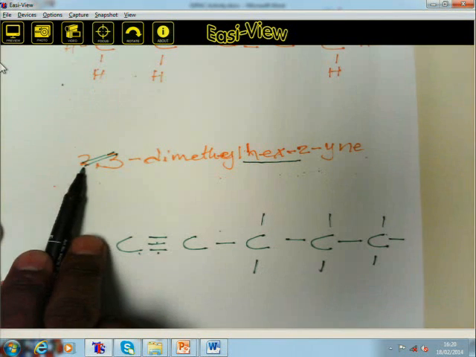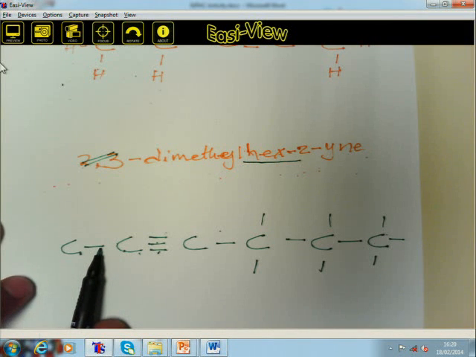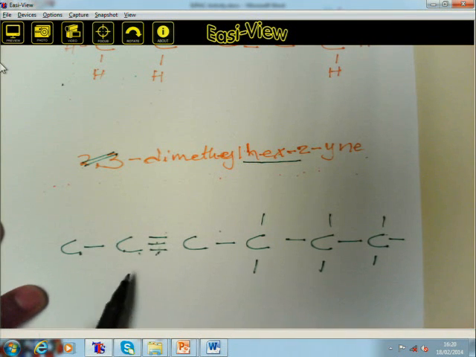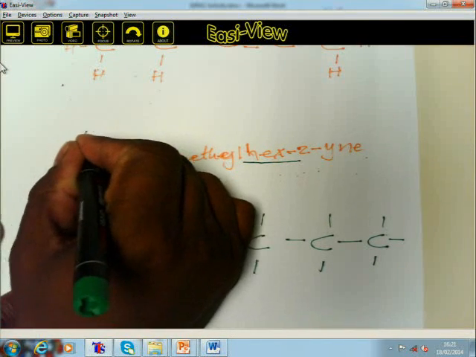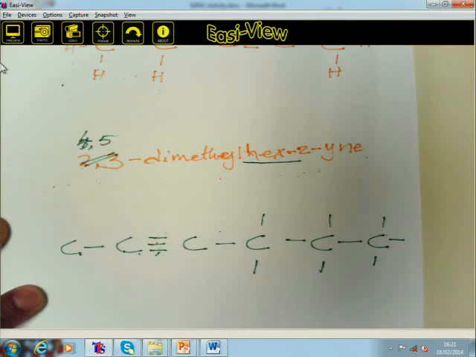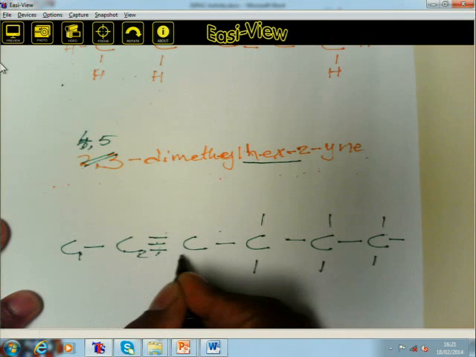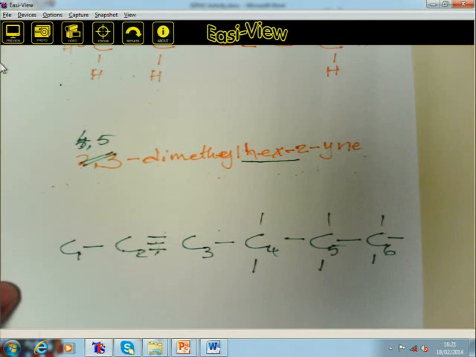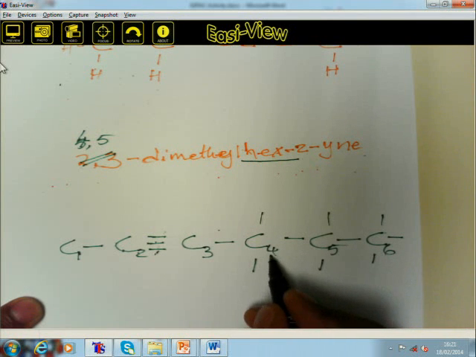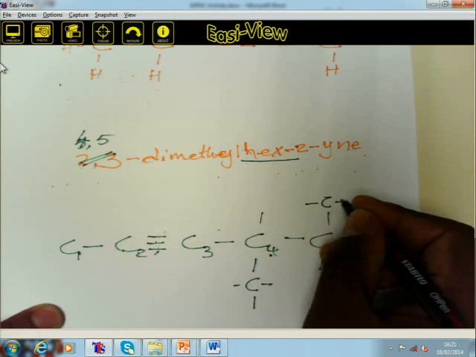Because if you look at that one, it's after carbon number 2, and already 2 has 4 bonds. Let's say carbon number 4 and number 5, 4,5-dimethyl. So we'll number them 1, 2, 3, 4, 5, 6. All right. So at carbon number 4, you've got that substituent, and at carbon number 5, you'll have that substituent.